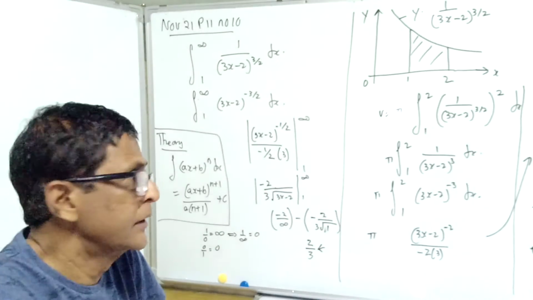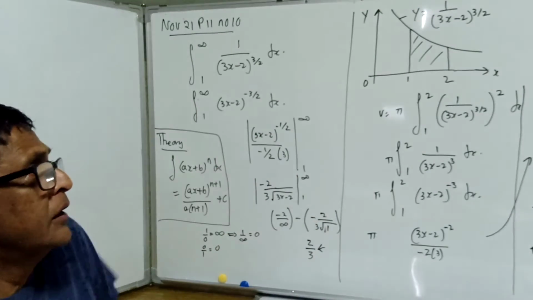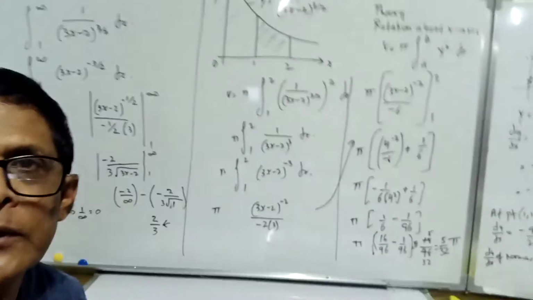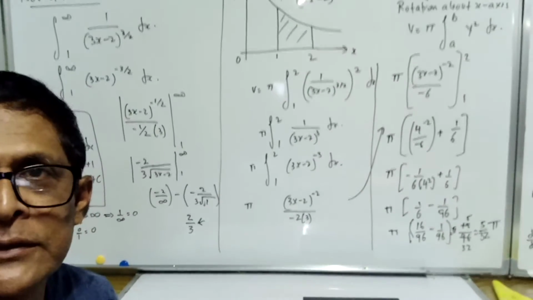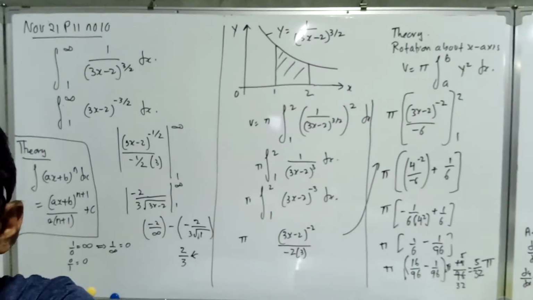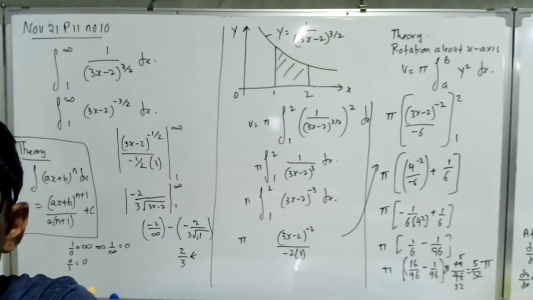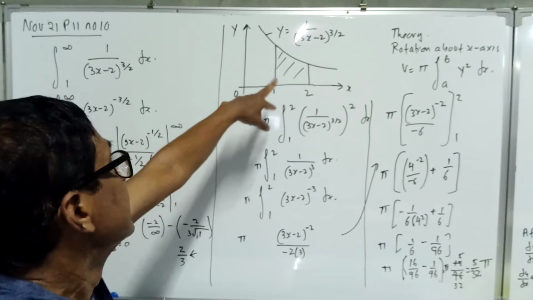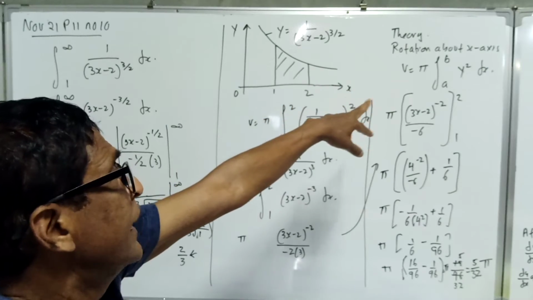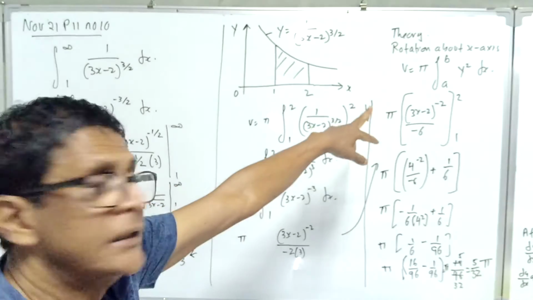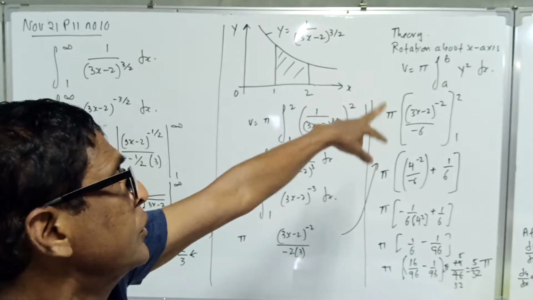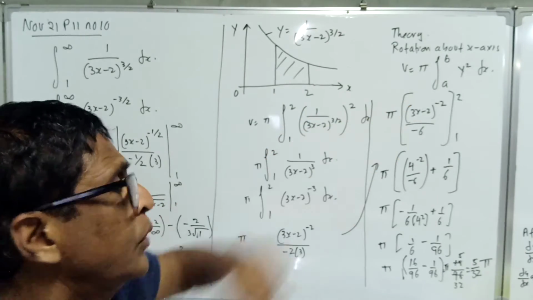This is very important. Now let us see a rotation about the x-axis. Rotation about the x-axis theory tells you the volume is pi integral between b and a of y squared dx.